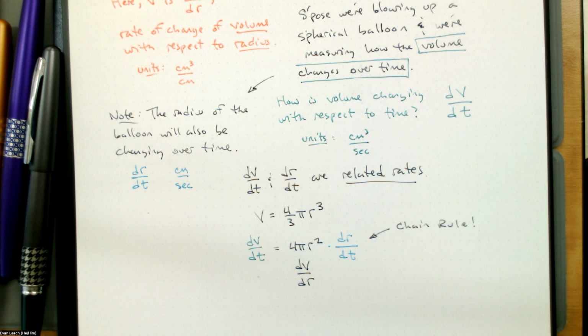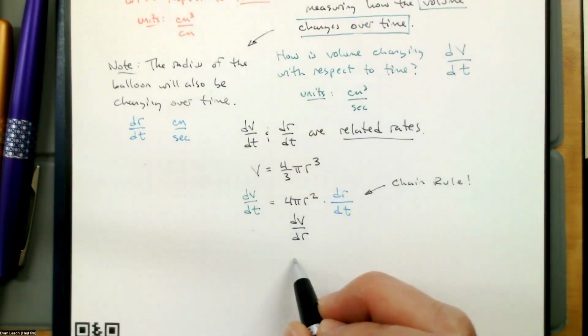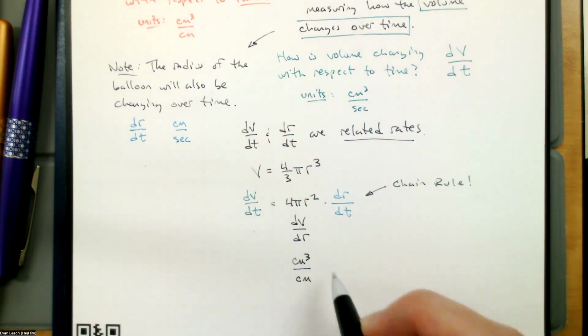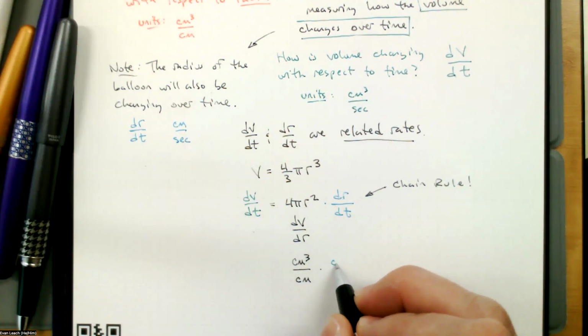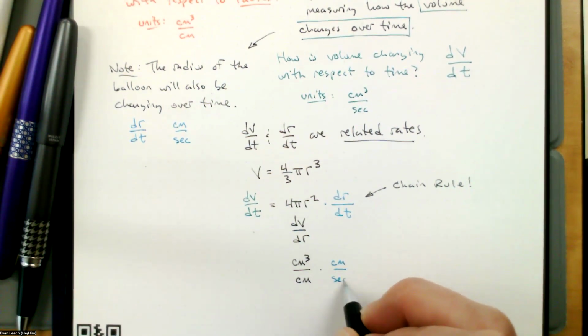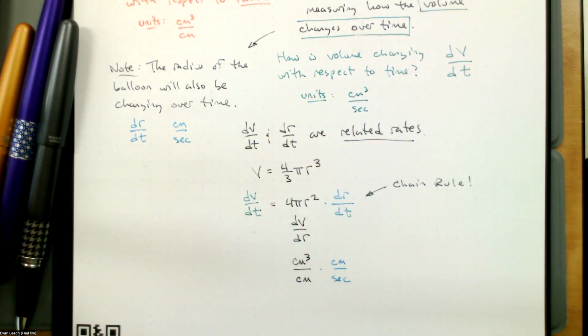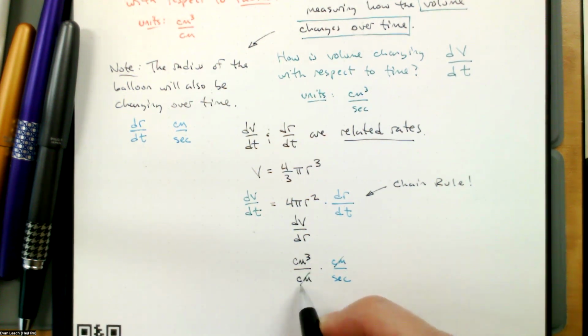If we wrote down the units for each of these: V is measured in cubic centimeters, r is measured in centimeters, and dr/dt is going to be measured in centimeters per second. So when the centimeters cancel out, we're left with cubic centimeters per second.